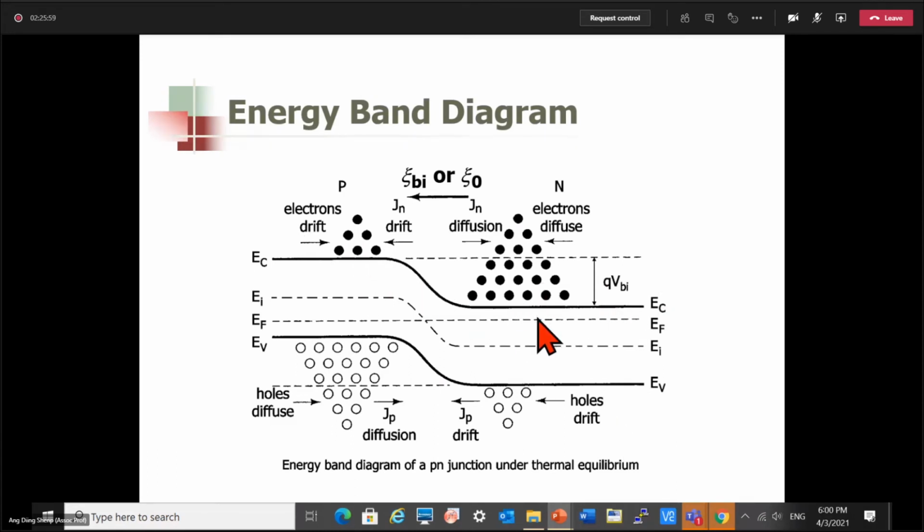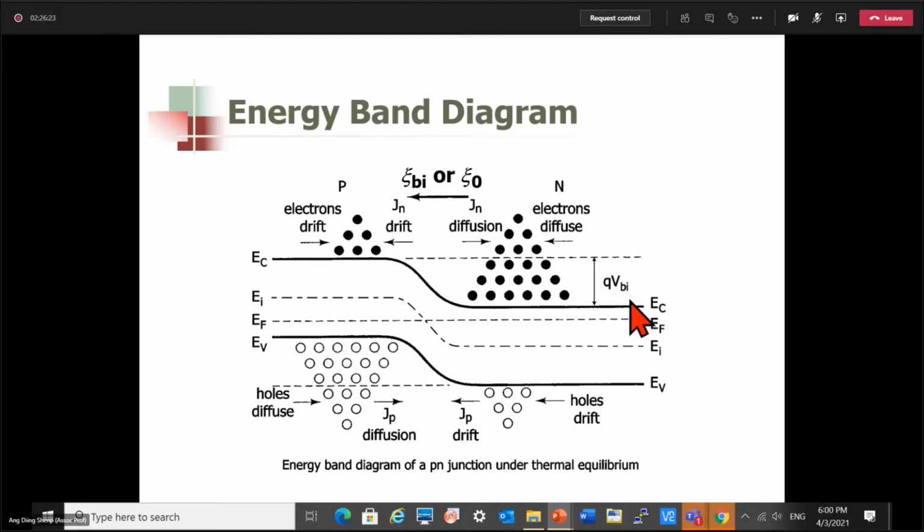And this offset is actually consistent with the fact that there is a potential drop across the P and N junction. And this potential is none other than the built-in potential. Okay, and therefore the built-in potential itself can be evaluated simply from the offset in the band diagram.